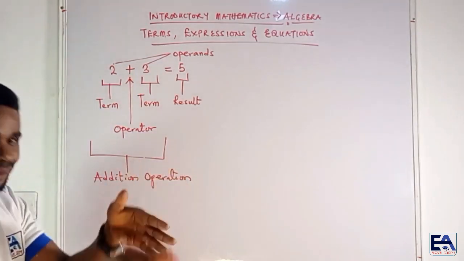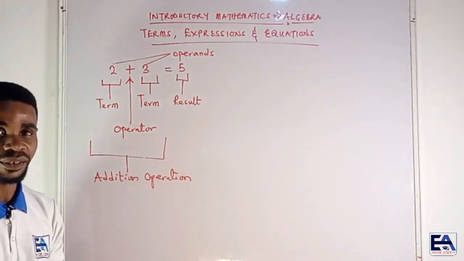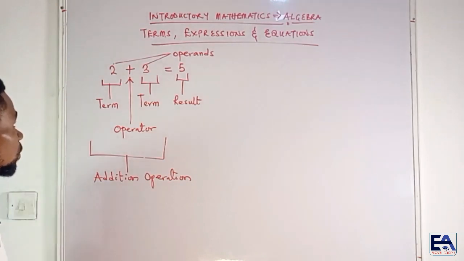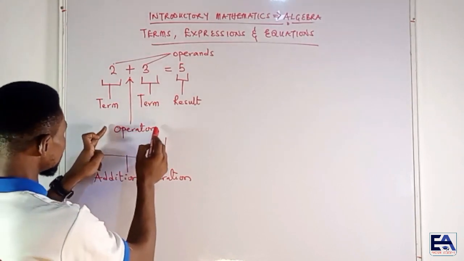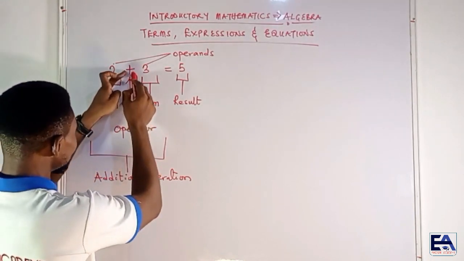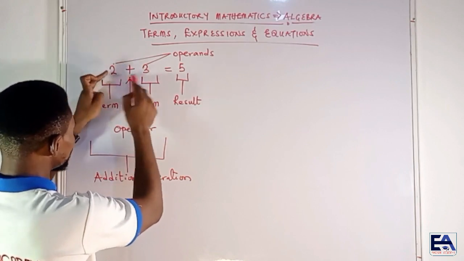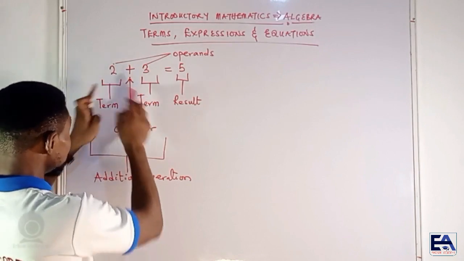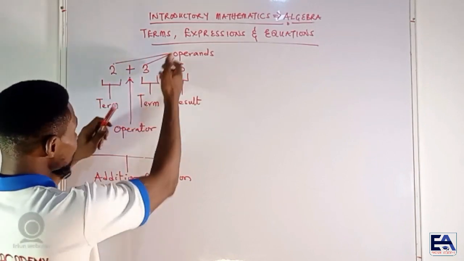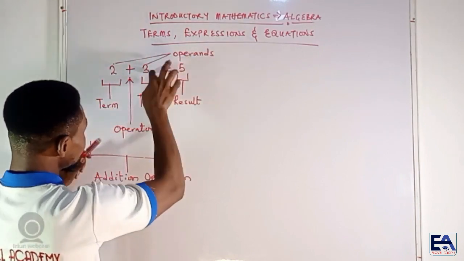But then we will still go to all of that, all right? So more details on that later. So I just want you to see that picture and understand the fact that any sign you see between two or more operands, that sign is an operator. So basically two operands, because we can have more operands and more operators.